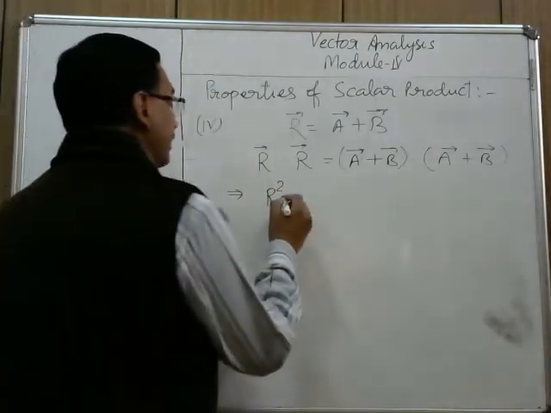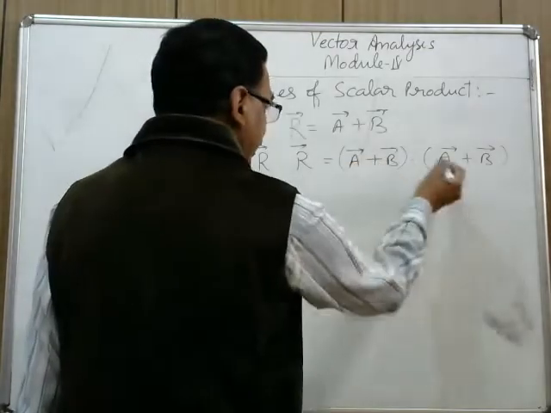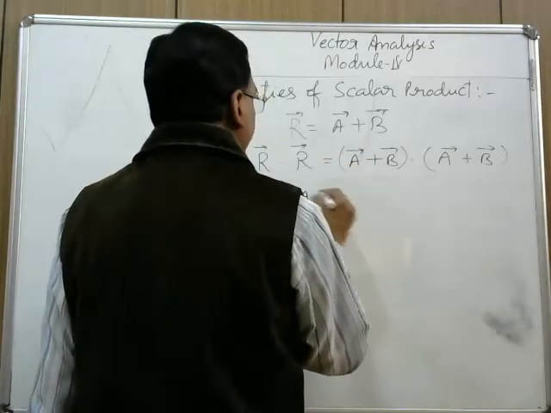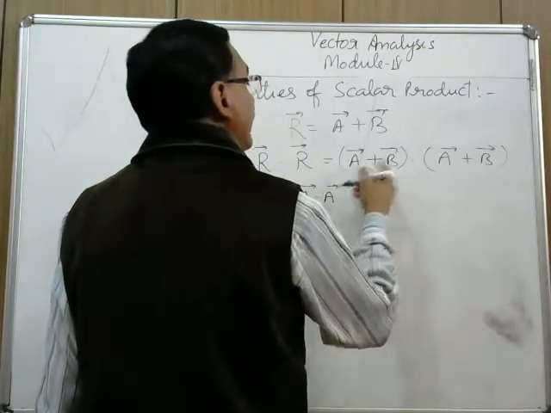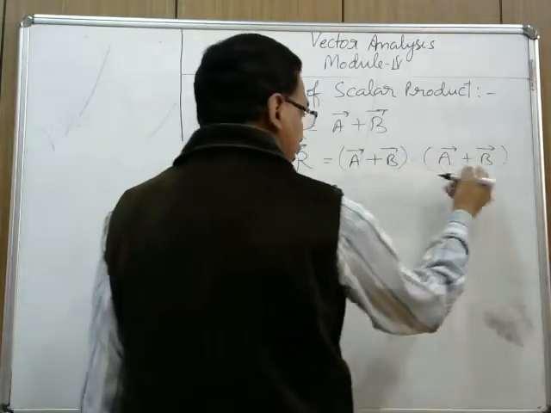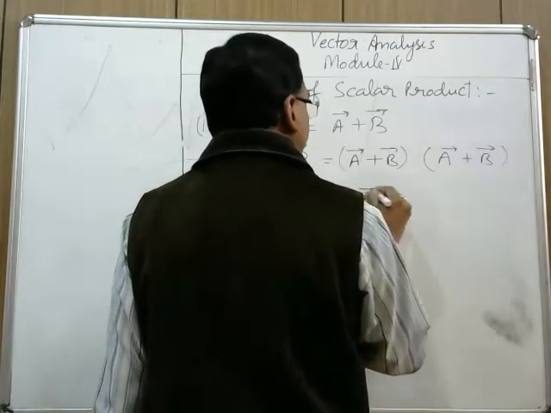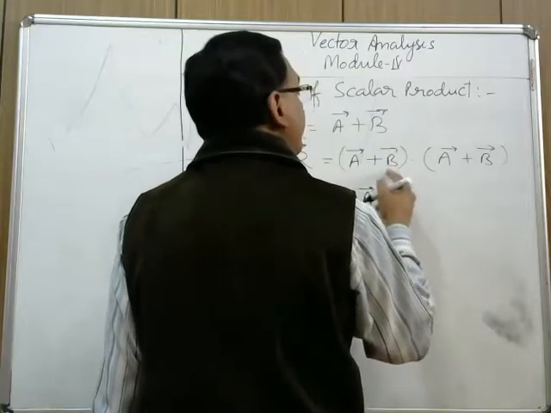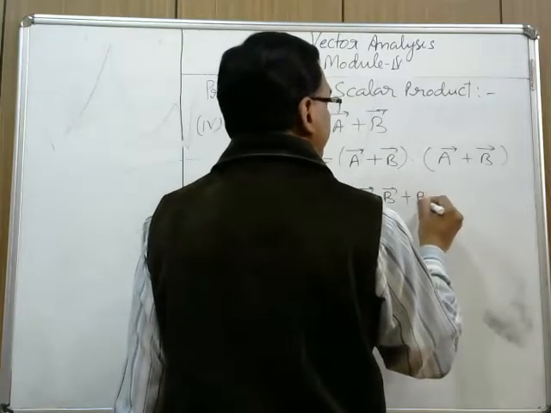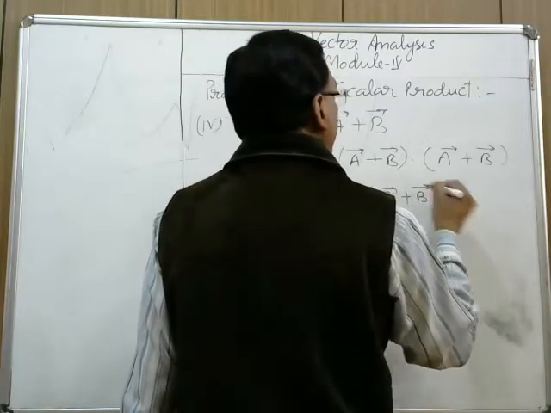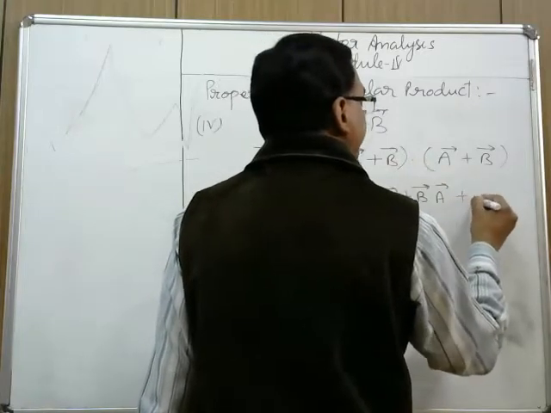Now on the right hand side, A dot A, then A dot B, then B dot A, then B dot B.